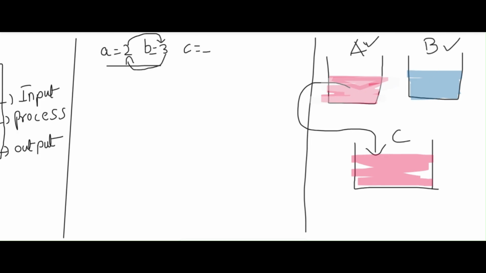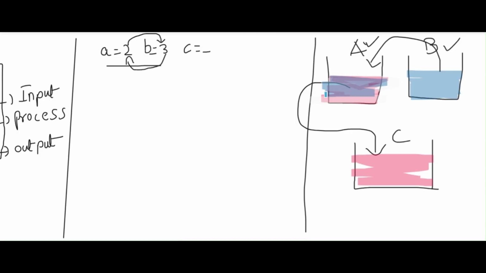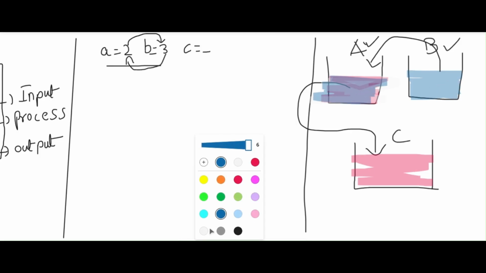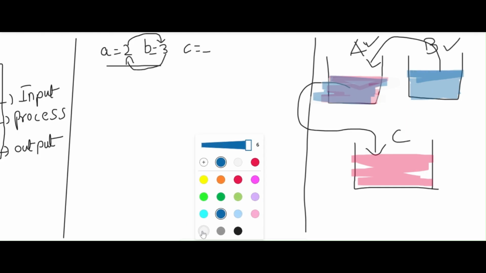Now, what will you do? You'll simply pour the blue color water into bucket A. Now bucket B is empty.